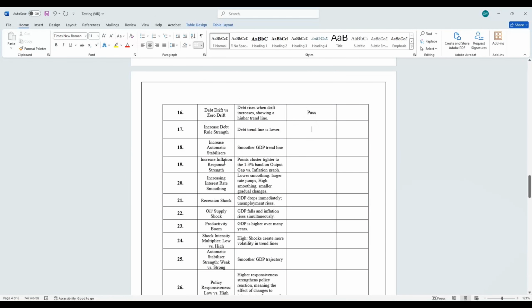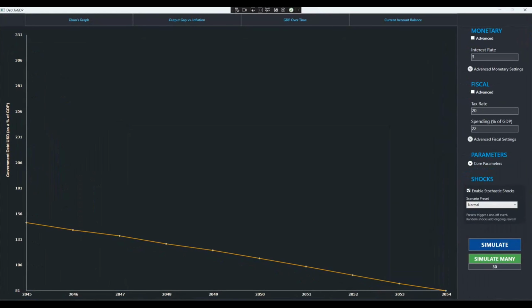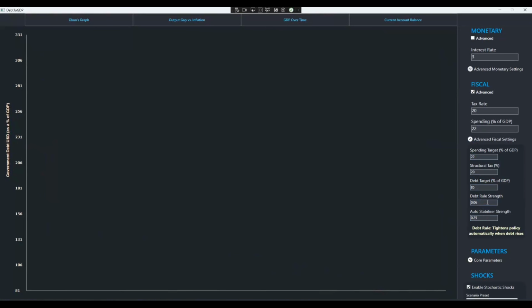Test 17, increasing the debt rule strength should lead to a lower debt trend line as policy is more responsive to an increase in debt. So if we enable fiscal advanced settings to access debt rule strength, so we currently have a value of 0.06, and we can move that down to 0.01 to start off with.